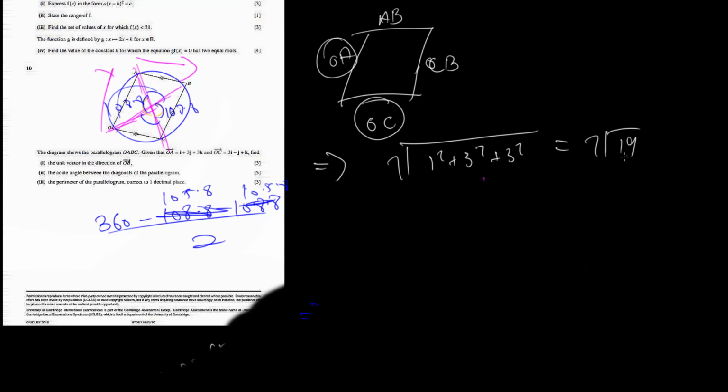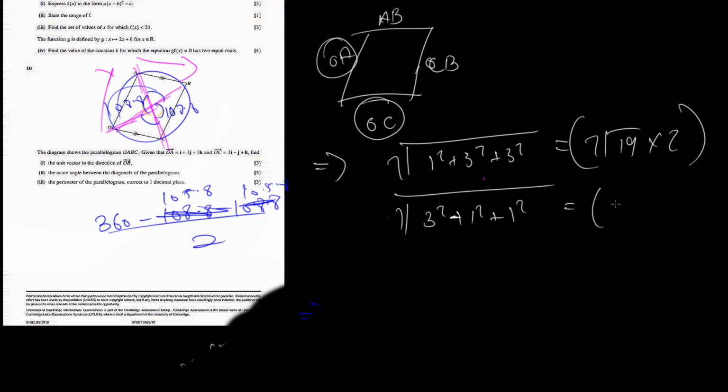This will give us root of 19. Now because O to A is the same as C to B, just multiply this by 2. And we will do the exact same thing for O to C. O to C modulus will be 3 squared plus 1 squared plus 1 squared, root of 11.